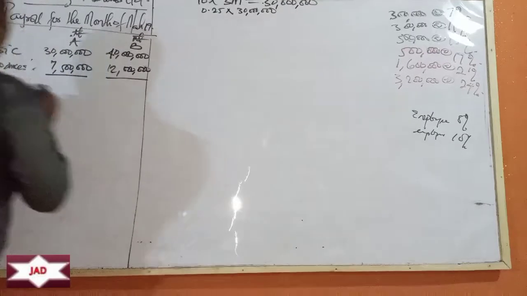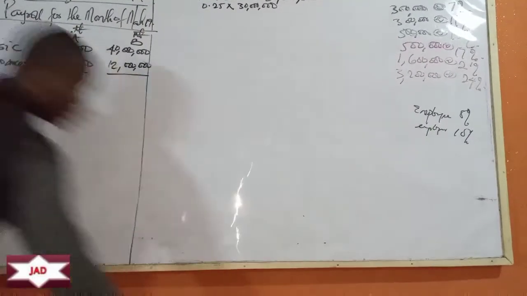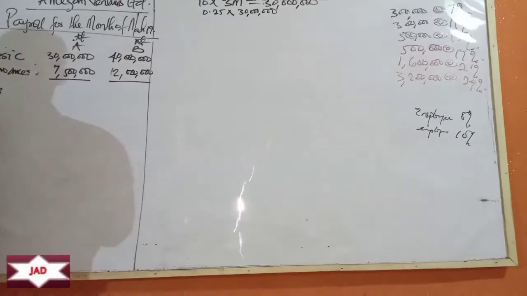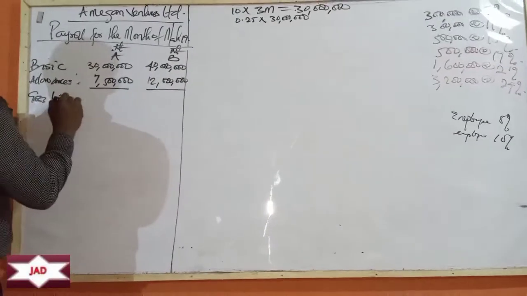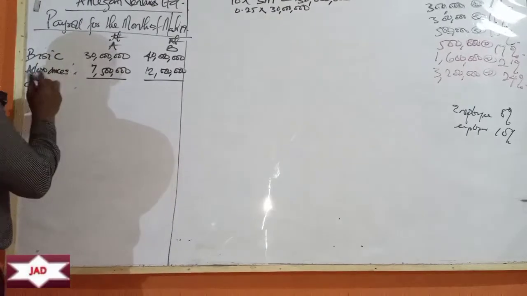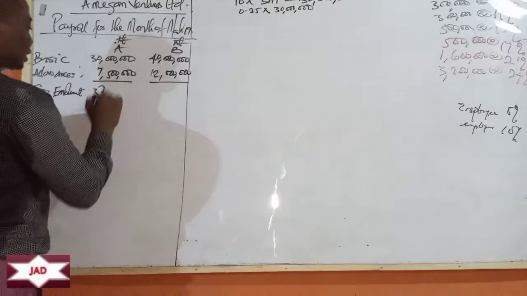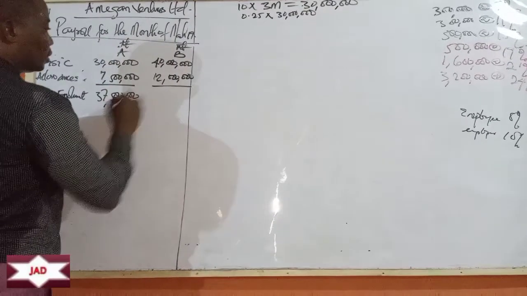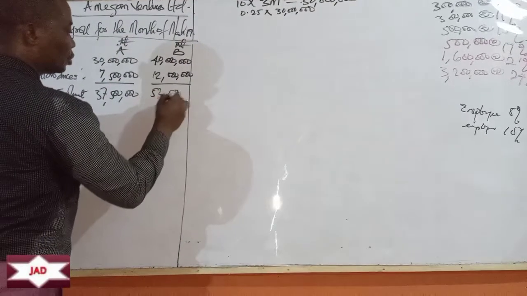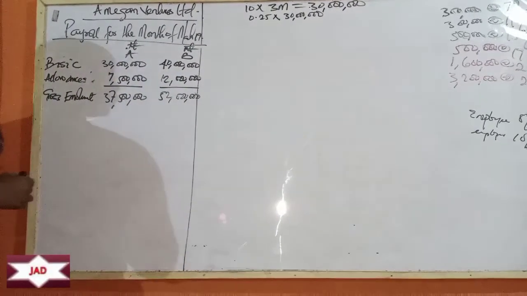So what do we have now? This is our gross emolument, or let's call it gross income. Okay, gross income or gross emolument. So this will be 37.5 million, and this will be 52 million. All right.